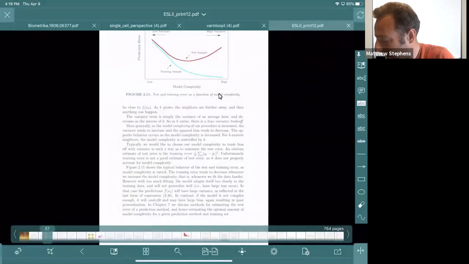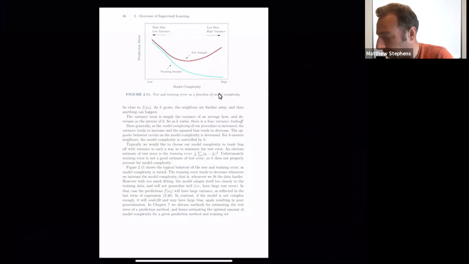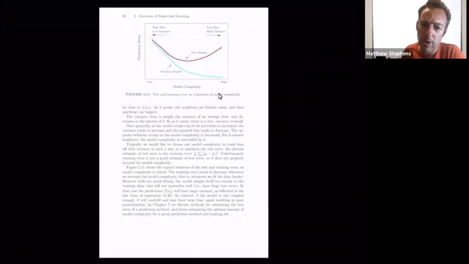This is another picture illustrating this idea. On the x-axis, it's just a conceptual picture illustrating that as a model goes from low complexity to high complexity, the prediction error on the training sample goes down. That's this blue line.